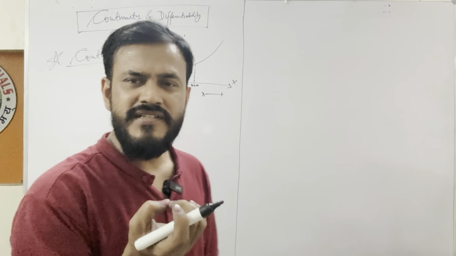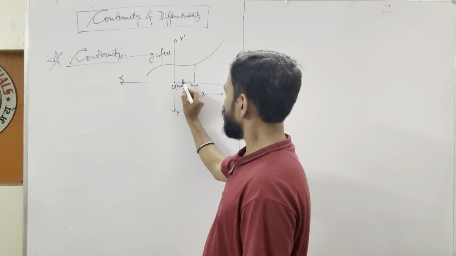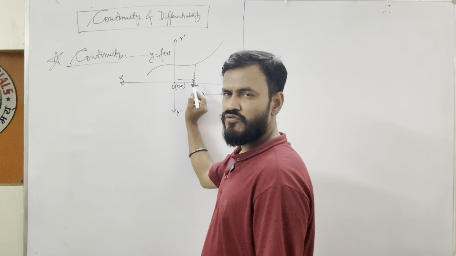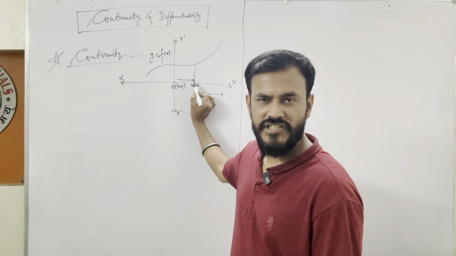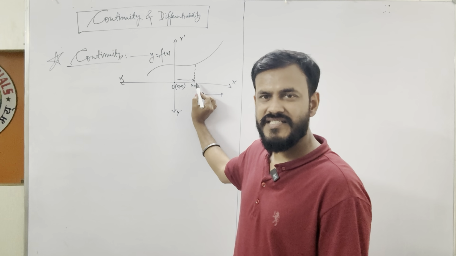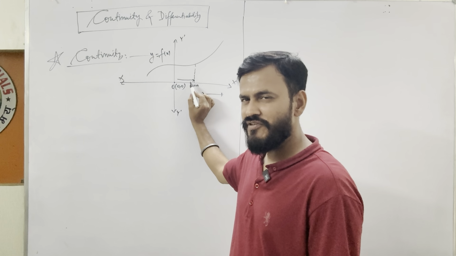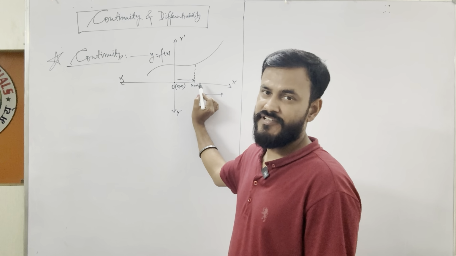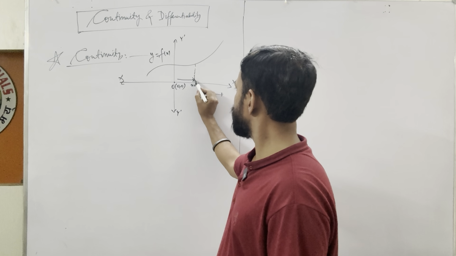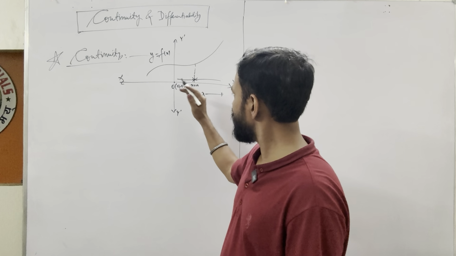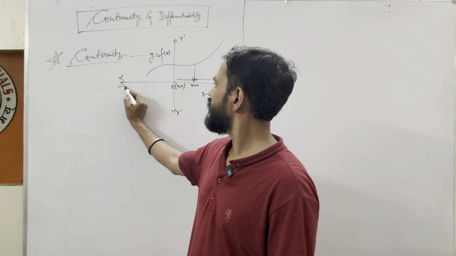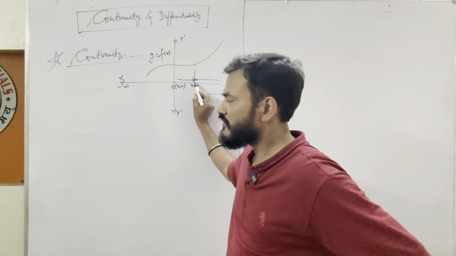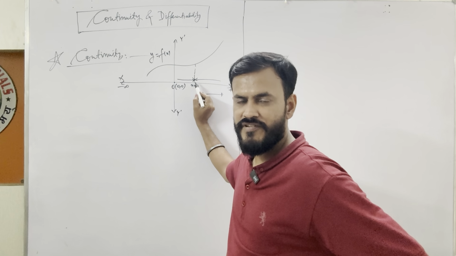Continuity means that if you go very close to this point from the left hand side, you reach very close to a but you don't touch a. The value of the function then is called the left hand limit. But if you reach very close to a from the right hand side, from the positive infinity side, and you don't touch a, then this value is called the right hand limit.